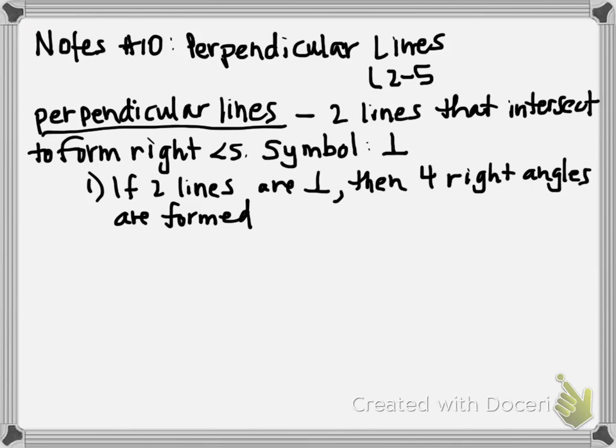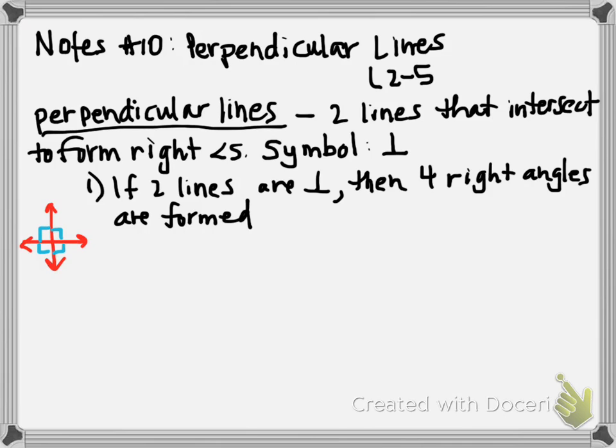And that has to do with, I'm going to do a little diagram off to the side here. If we have two lines that intersect to form right angles, I'm going to use a different color. Normally red is the one that tells us. So if I know this angle is a right angle and this is a right angle, vertical angles ensure me that vertical angles are congruent. So this has to be a right angle, this has to be a right angle. So all four of those angles would be right angles.